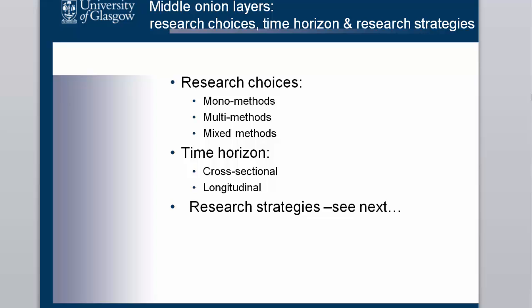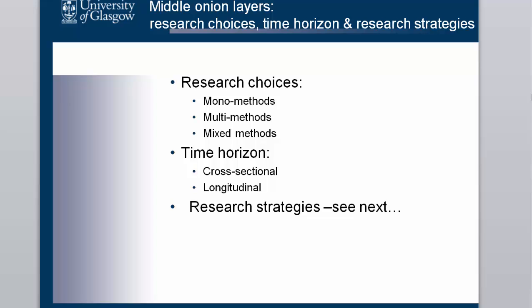Now, in terms of research choices, we spoke about research methods, and what you need to understand is that there is a fundamental difference between using one method or many methods. You won't get better marks if you use more methods than one. So, really, your choice should not be determined by the idea that quantity should surpass quality, if you know what I mean.